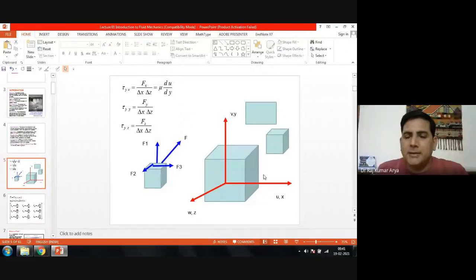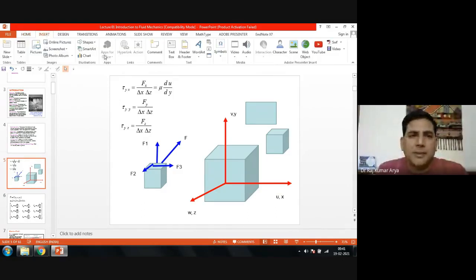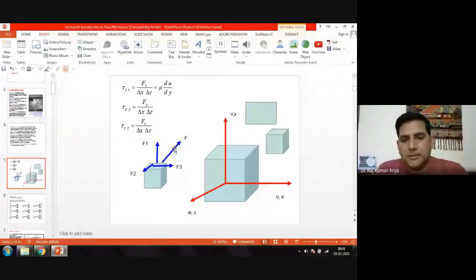So let's say this one is direction x, so this is your x plane. If I just copy it, this one, is it your x plane or minus x plane? What plane is this?